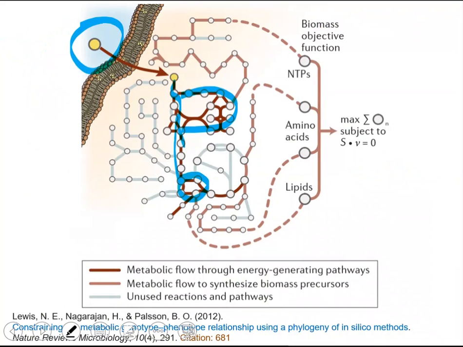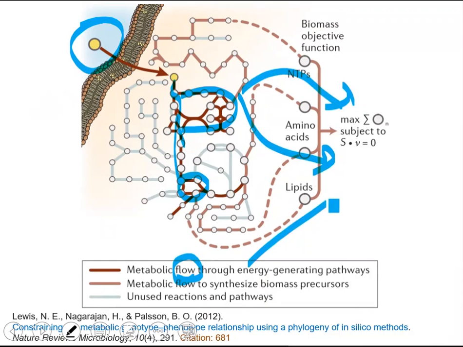And produces building blocks which are later used to make macromolecules. So when we maximize biomass as objective function, we maximize the flow of carbon from glucose to the macromolecules: lipids, proteins, and nucleic acids.